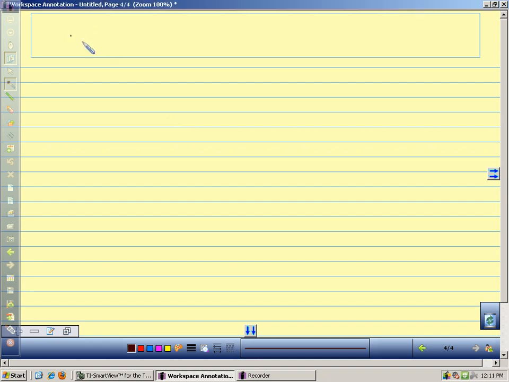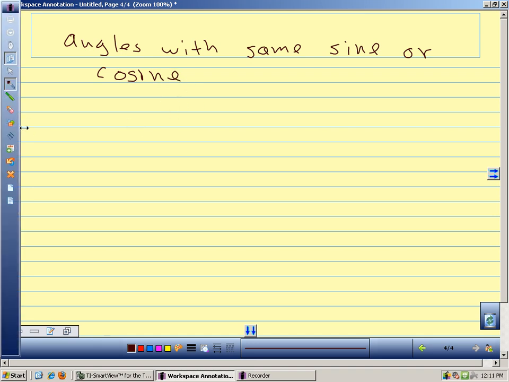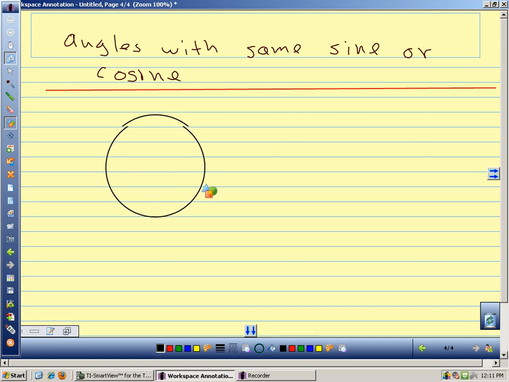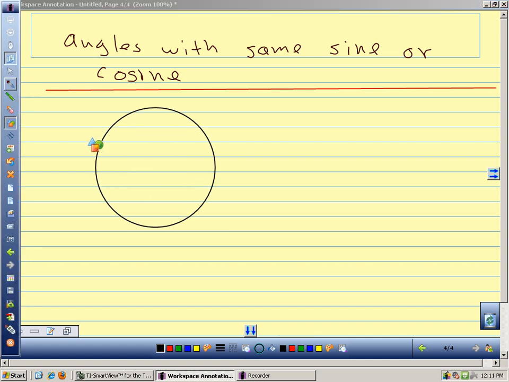So we're talking about angles with the same sine or cosine. So let's look at a unit circle. So here's our unit circle, and I'm going to draw in my center, and we'll draw in a set of axes just like we did before.